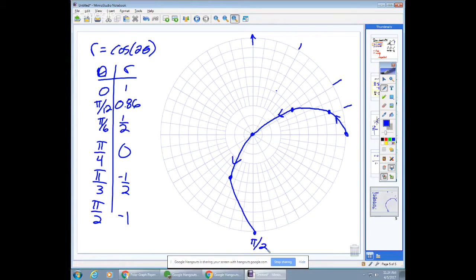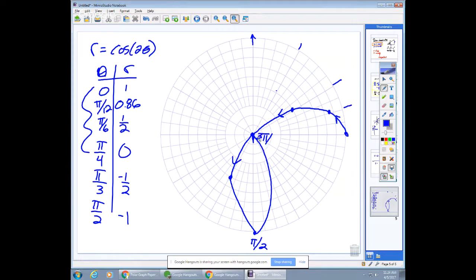And if we keep going, what we're going to find is we're going to get half of one of those flowerets every how many units? Pi over 4. So if I go from pi over 2 to 3 pi over 4, that will take me back to the origin.